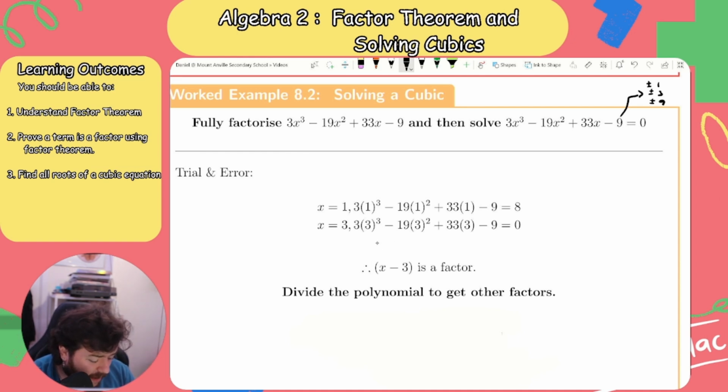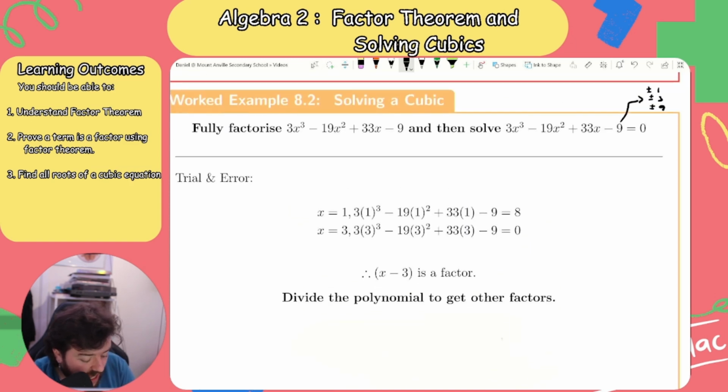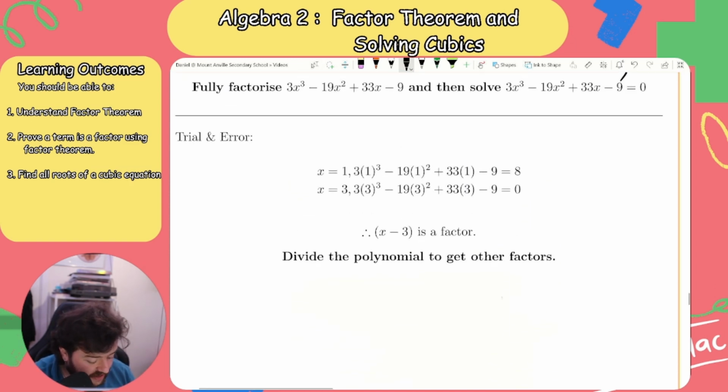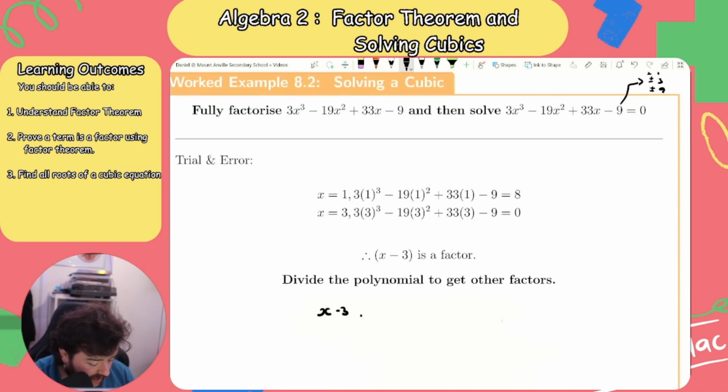So therefore, using the factor theorem, x equals 3 is a root, therefore x minus 3 is a factor. Now we divide this factor in to get the other factors. We've done this before already in second year and also in Algebra 1. So 3x cubed minus 19x squared plus 33x minus 9.